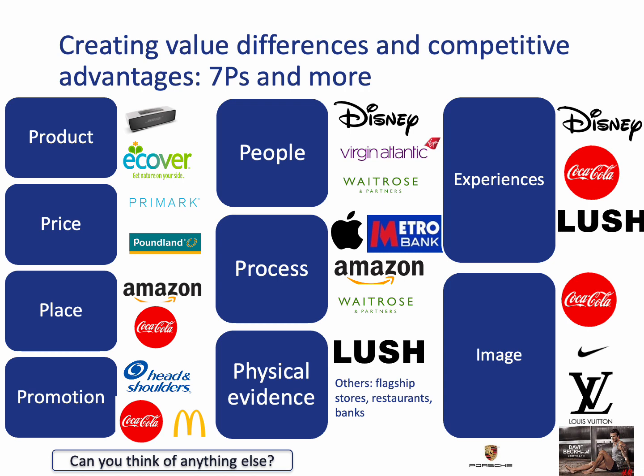Now, you can also differentiate through people. For example, hiring and training better people than competitors do. In all its global locations, Disney World people are known to be friendly and upbeat. Virgin Atlantic is another brand where you will probably come across very friendly, enthusiastic, and energetic people. Waitrose and Partners here in the UK offer superb customer service, and you would also notice that people make a great difference.